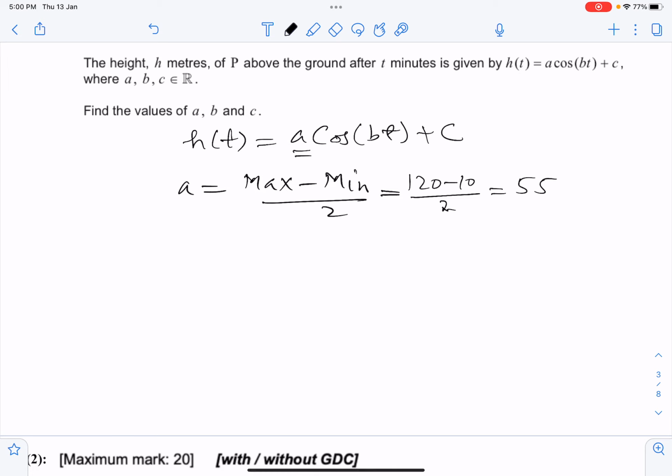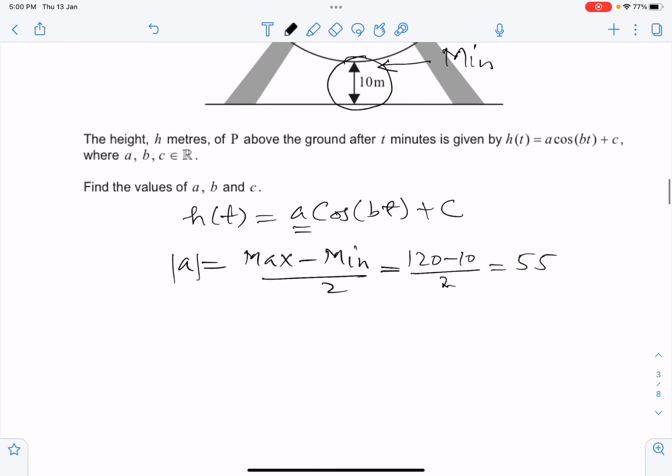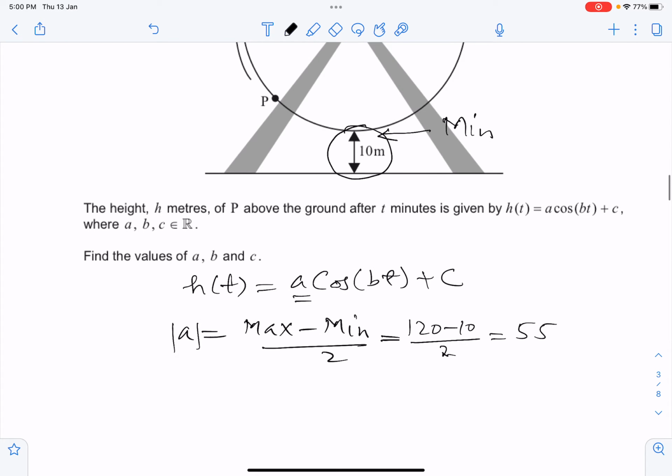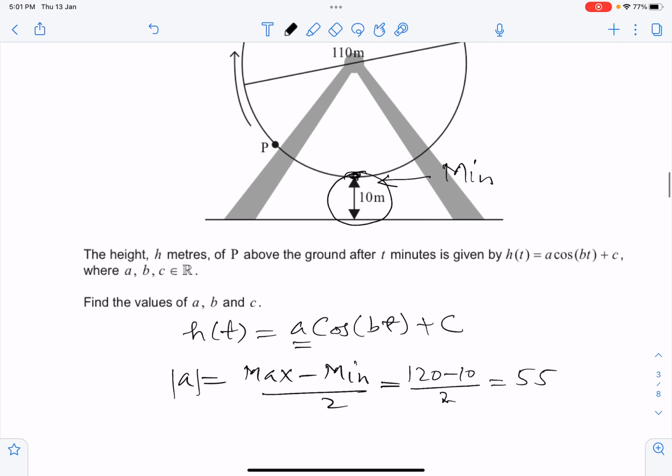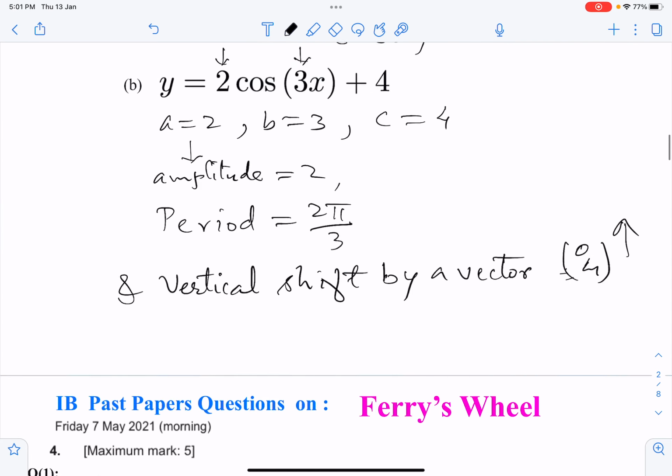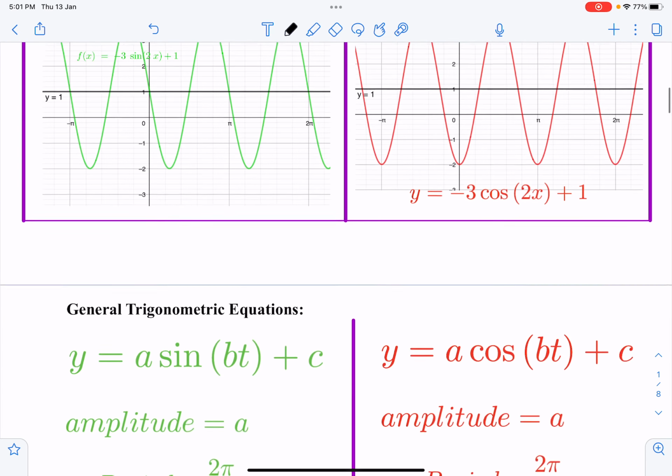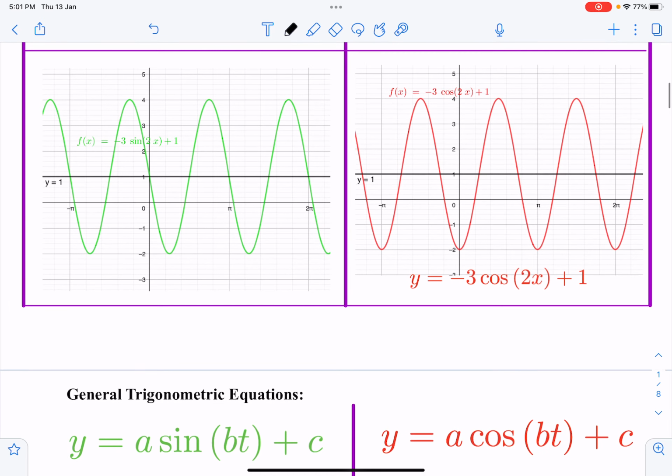Okay, this 55 is positive for the value of the amplitude. But because your motion is starting, your circulation of this Ferris wheel is starting at the minimum position, therefore your graph will be negative, because look here, I have shown you just now, if the graph has a negative sign, it will start from the negative position, from the minimum value.